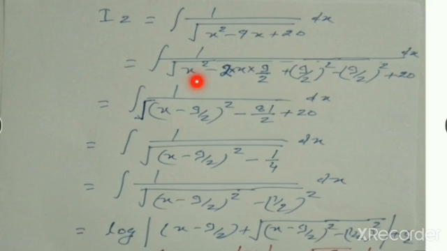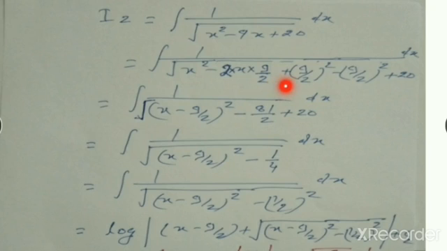x square minus, this is a square minus 2ab. 2a means x, b means 9 by 2, so the numerator 2 and denominator 2 may cancel. It is again 9x, meaning the value of b is 9 by 2.